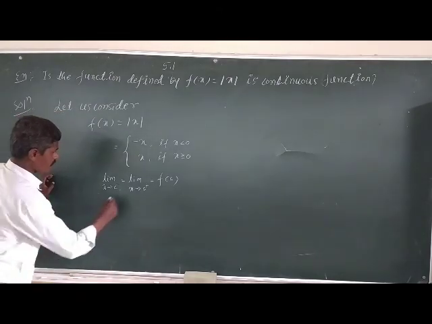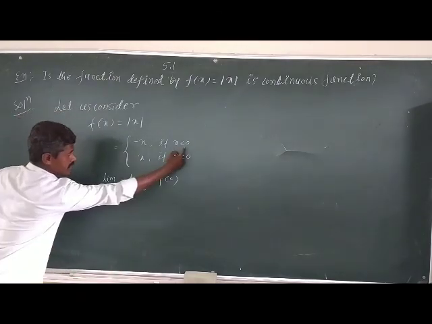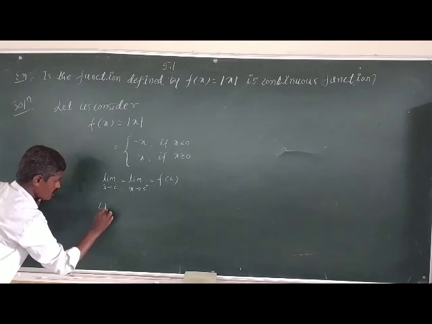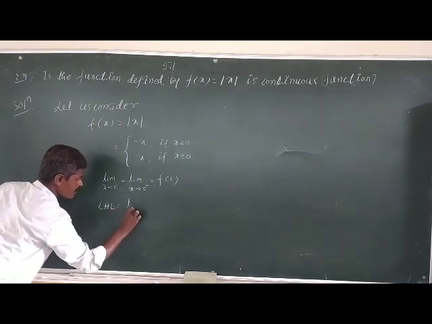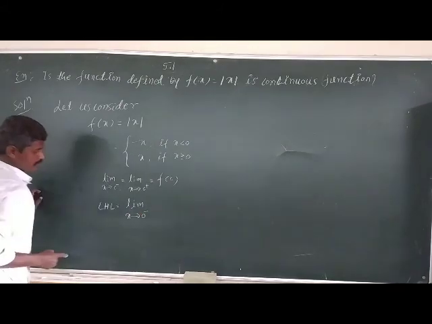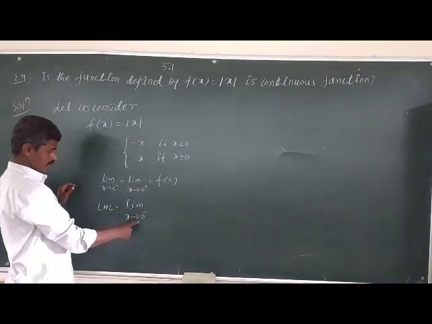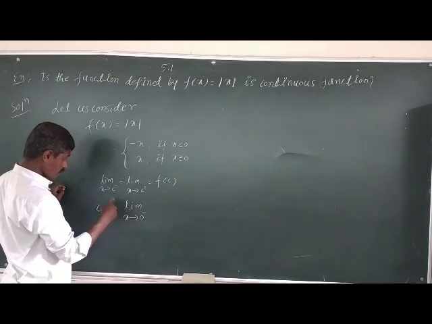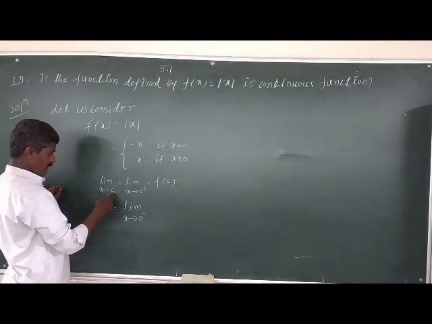Yes, let us check. Here c is 0. Now LHL is nothing but limit as x tends to 0 minus, because the left hand limit is represented as limit as x tends to c minus.